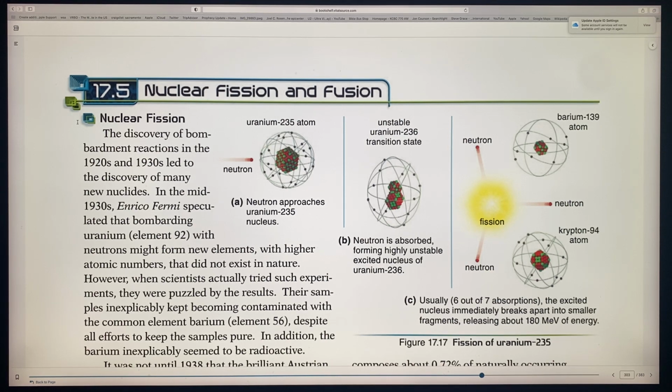neutrons might form new elements with higher atomic numbers, which didn't exist in nature. So he was actually making new elements, which scientists at first were very puzzled by. The experiments were then performed by others, but when scientists tried to do these experiments, they seemed to be contaminated with a common element in each one, and that was barium.